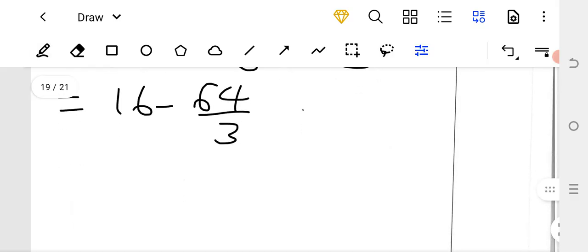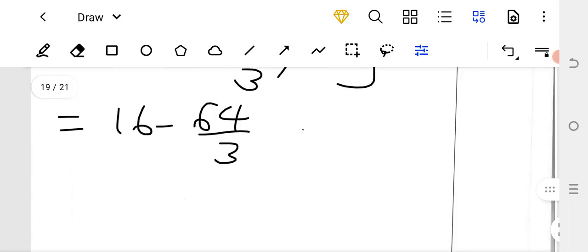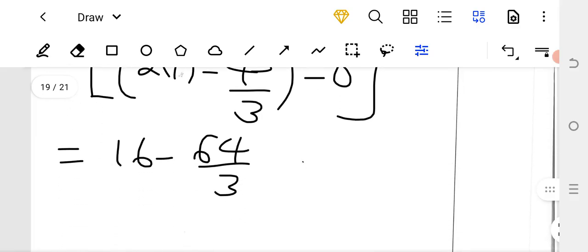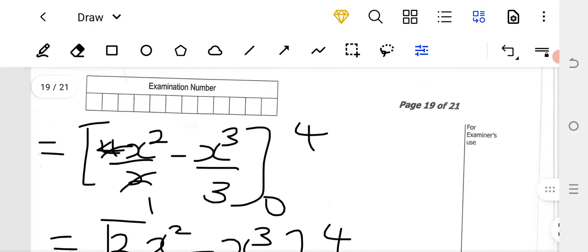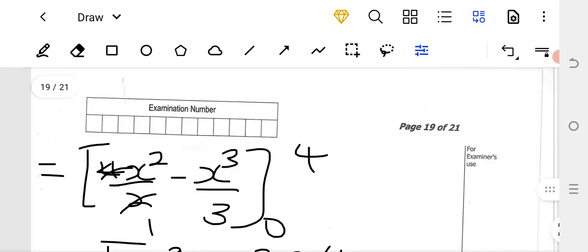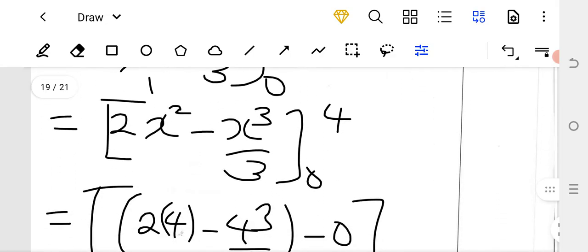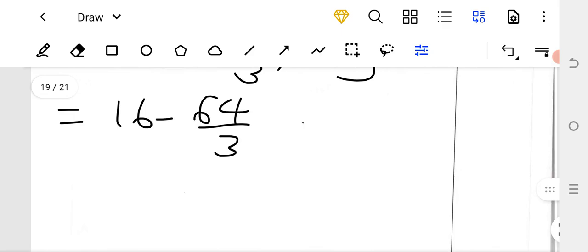And then we have 16 times 3, so 48, which is 48 over 3.